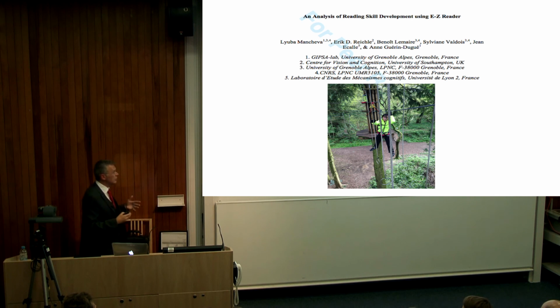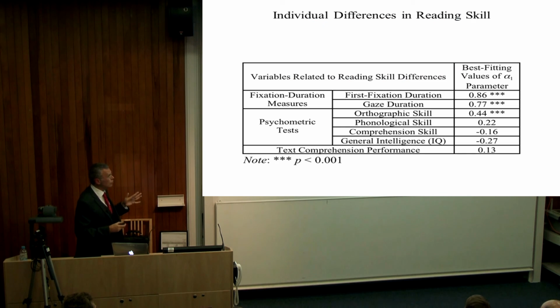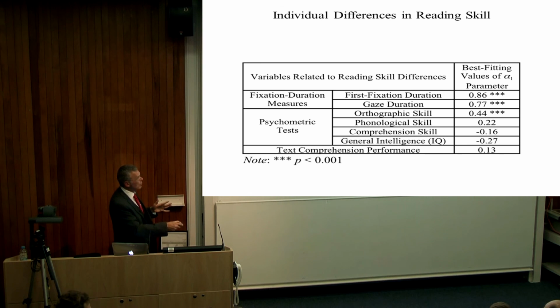And she ran simulations with the EZ Reader model and was able to replicate the basic finding that in order to explain the differences between children and adults, you basically slow lexical processing. But in addition to that, she did some really nifty analyses where she looked at how the value of that parameter fitted to, well, she went back and she found the best fitting parameter for each individual child.